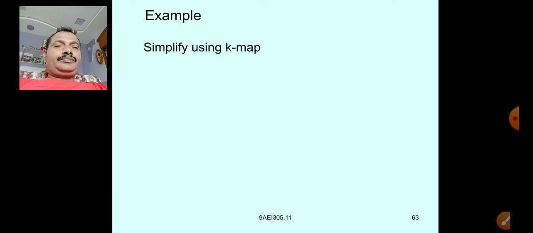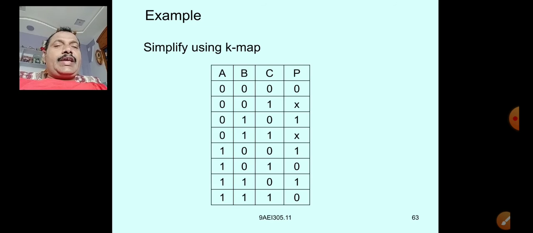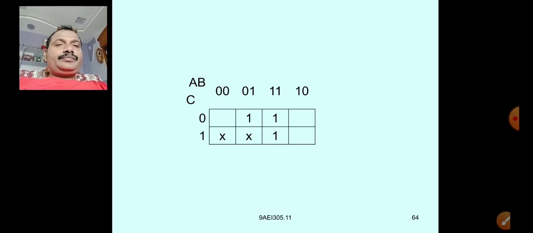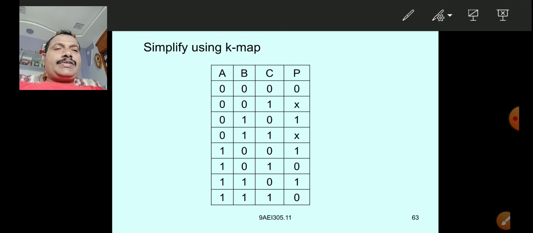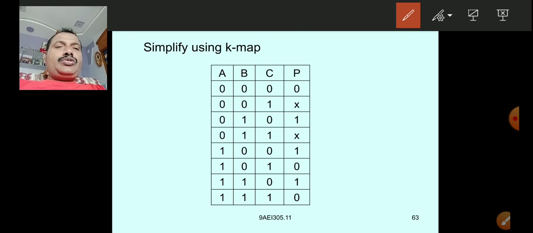Example, simplify using K-map. So observe here, a three variable system is there, A, B, C, and the output is P. For 000 it is 0, for 001 the output is don't care.